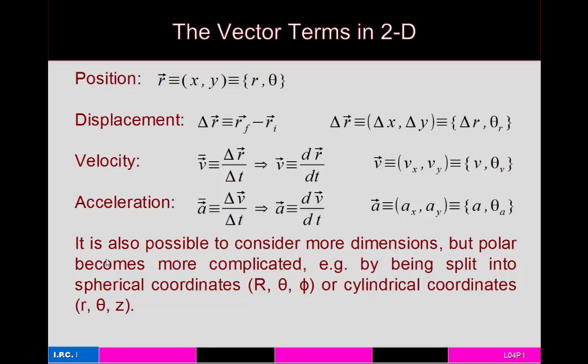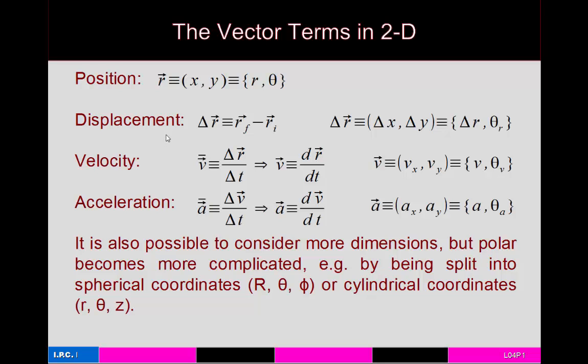So the vector terms in 2 dimensions might be described as such. Your position vector you might put in Cartesian coordinates using x, y, or you could put them in polar coordinates using r, theta. Or if you want to use component form, you might use x i hat plus y j hat to represent the position of the object.